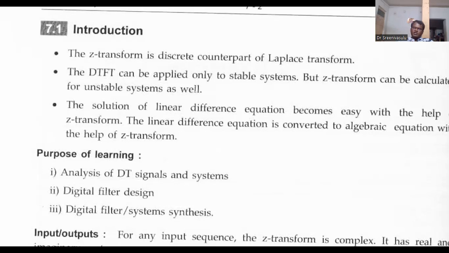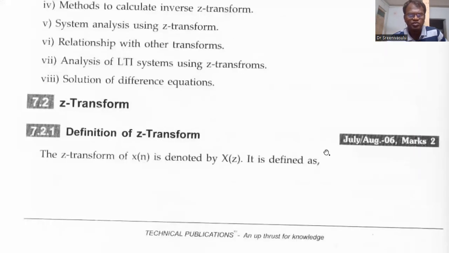Next, digital filter design also. Whenever there is an FIR filter, we can use the Z transform for delay or advance purposes. Next, digital filter or system synthesis. These are the main purposes of learning the Z transform. A very easy process.